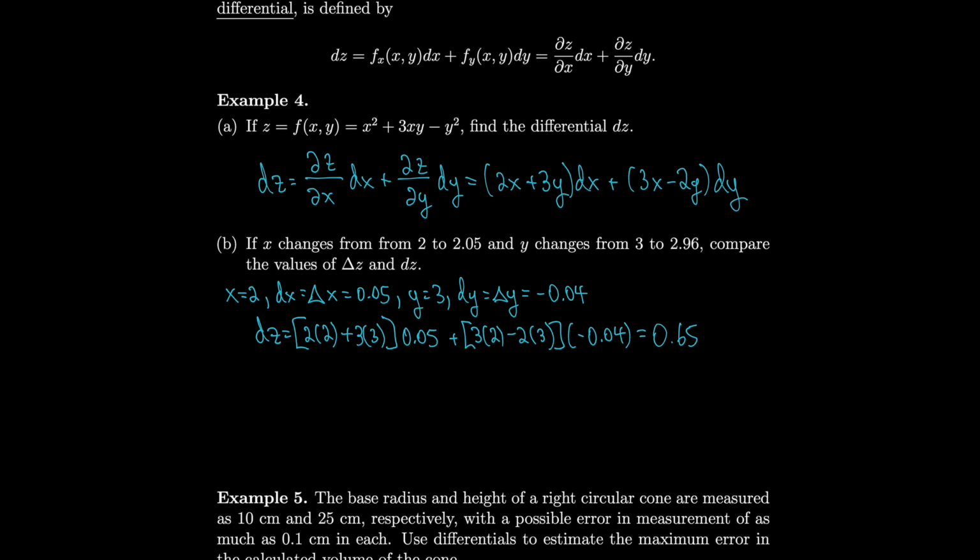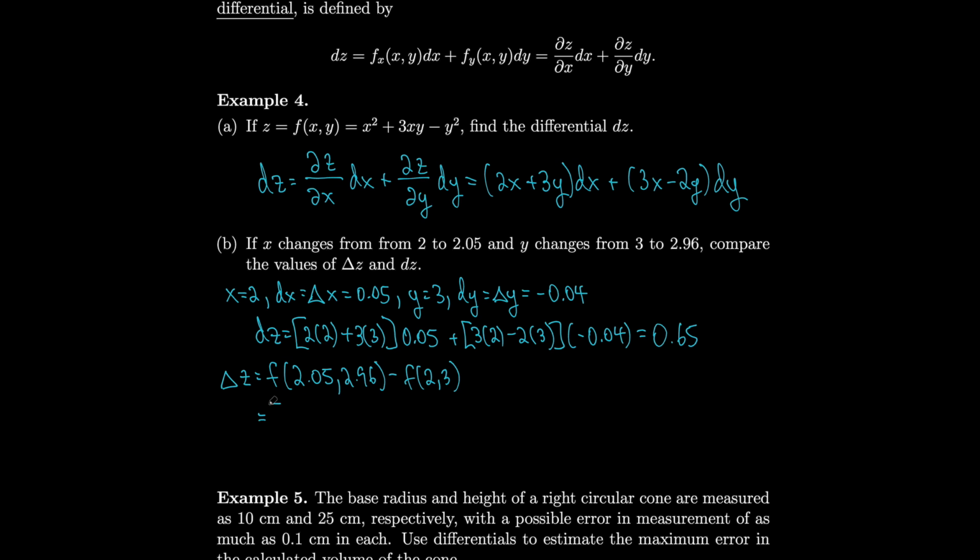Whereas on the other hand, let's get delta z. So our increment instead of our differential. So that's f of 2.05, 2.96 minus f of 2, 3. It's our change in z.